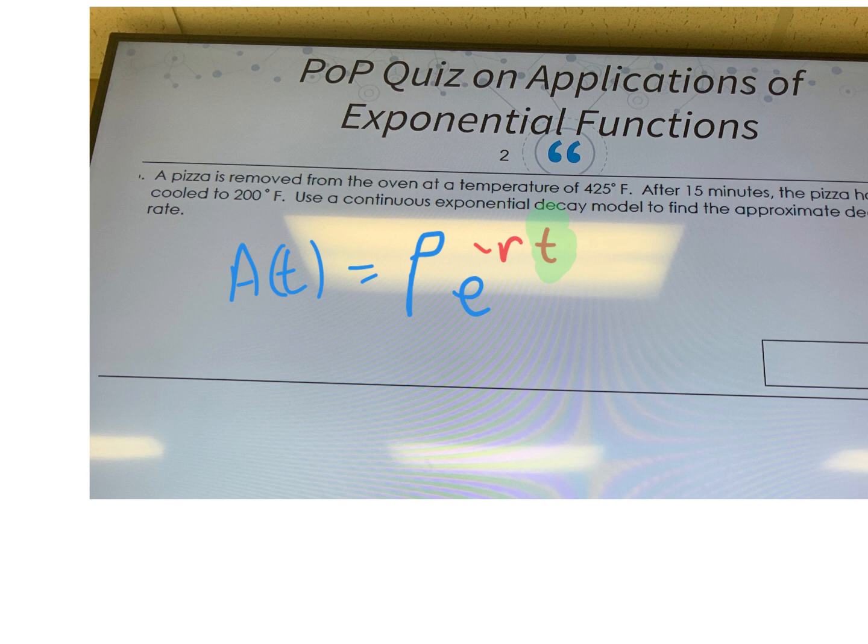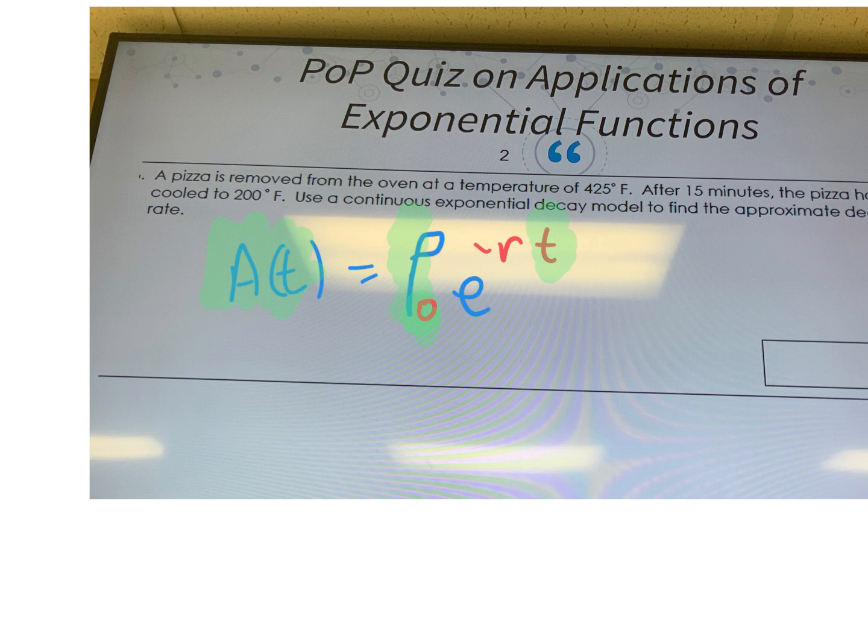I do know the original temperature, P sub 0. What is the original temperature when it comes out of the oven? What was the new temperature in the future?